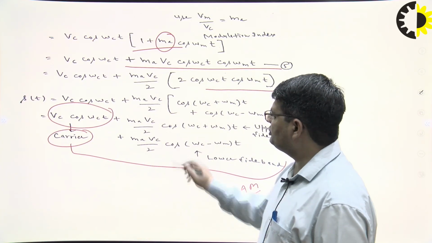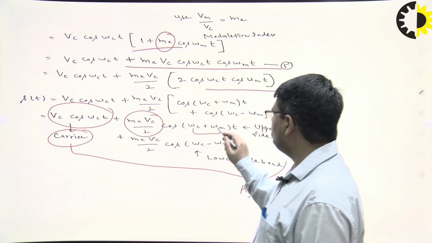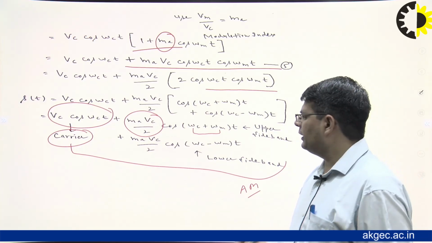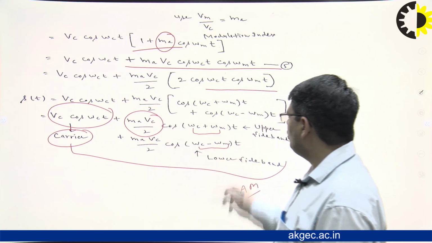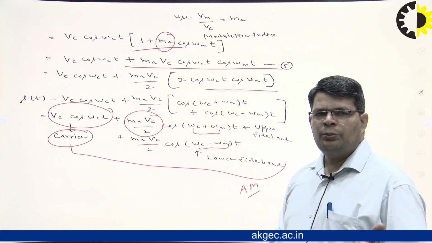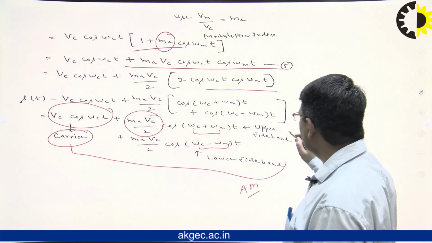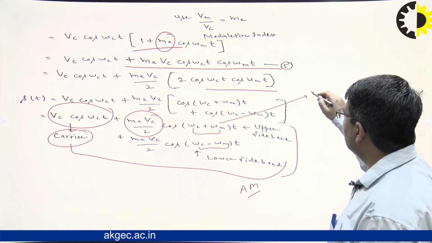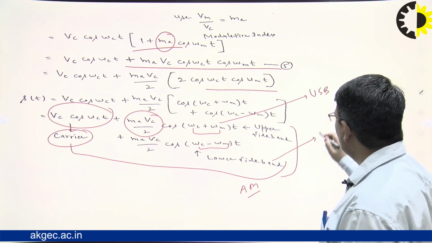Another component is Ma Vc by 2 with frequency ωc plus ωm, carrier plus sum. And then we have Ma Vc by 2 cos(ωc minus ωm). So basically we are getting two sidebands here. This ωc plus ωm factor is the upper sideband and this is the lower sideband.